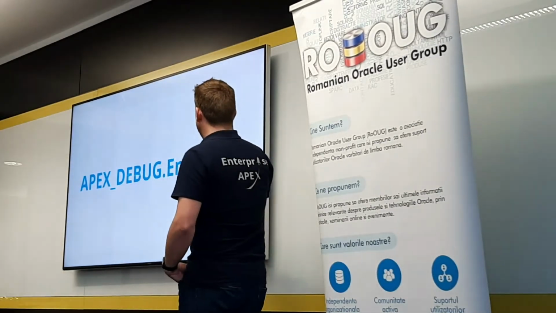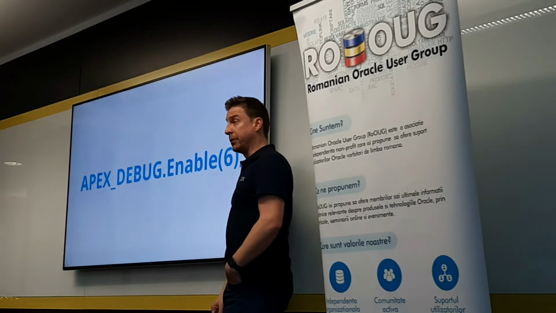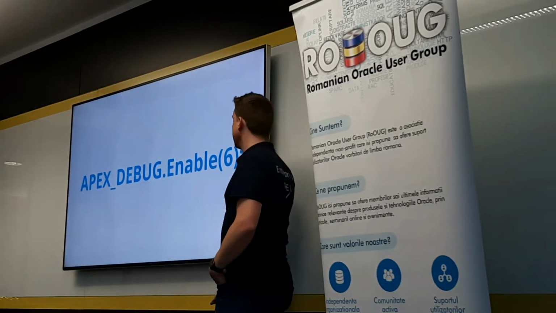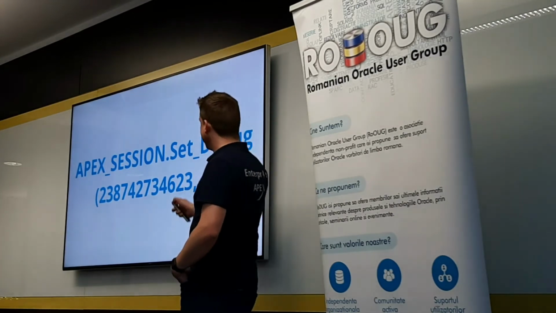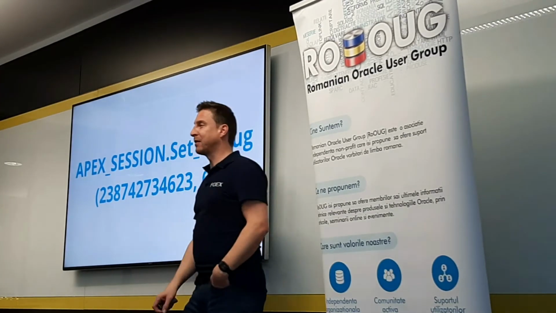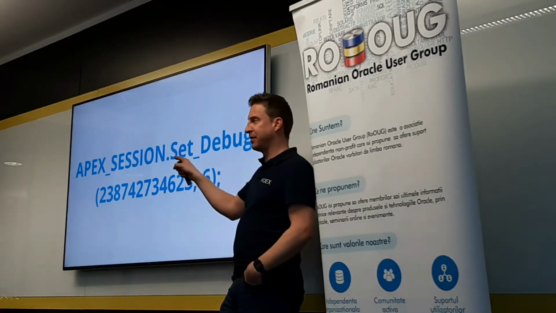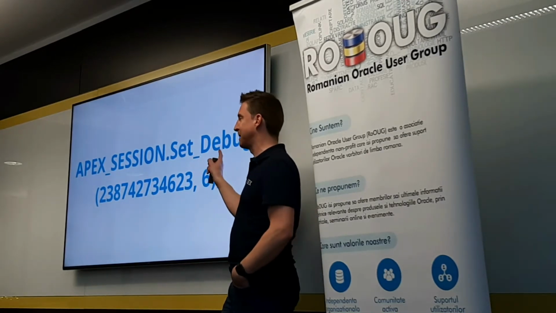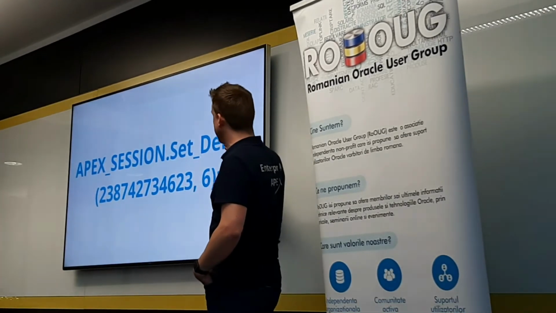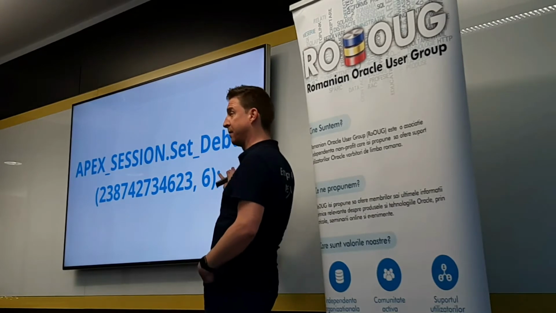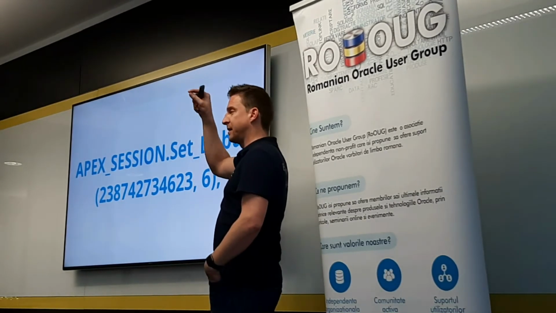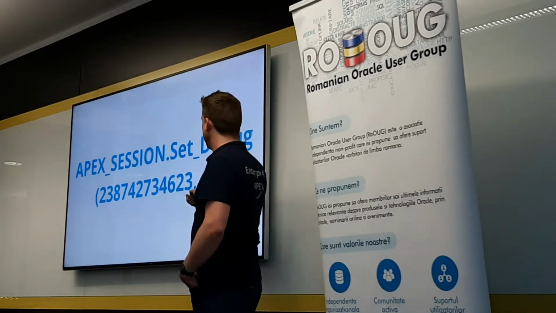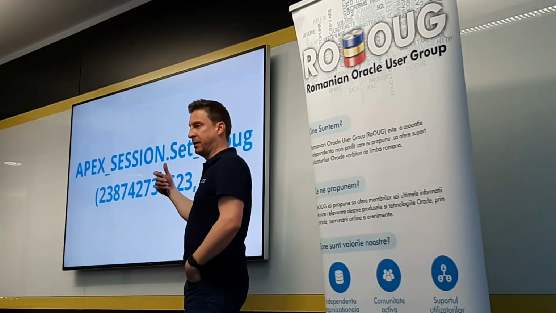You could also turn on debug in your code, or, and that's kind of new, you can turn on debug for some other session. That's the real deal, that's what you need. If some user calls you up and tells you, hey, it doesn't work, before you explain to him how to enter yes in the URL somewhere, you could tell him, hey, give me your session ID, and I turn it on for you.